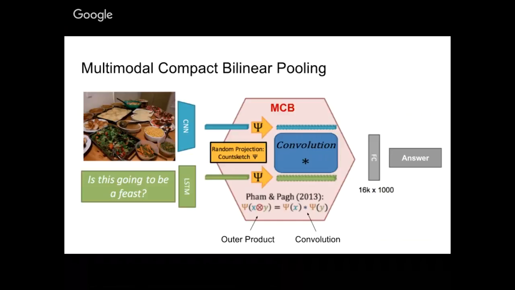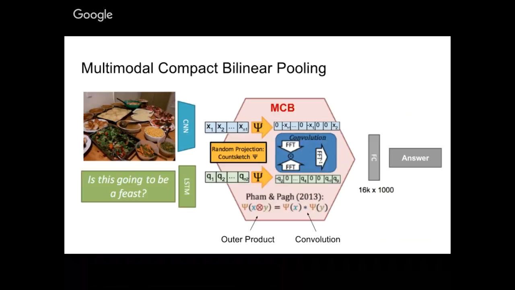More precisely, the random projection is a specific version called count sketch, which creates a sparse vector from the source one, based on a randomized selection of the components. And then for the convolution, instead of applying a classical convolution vector by vector, they propose using the fast Fourier transform, then applying an element-wise multiplication, and then applying the inverse transformation.